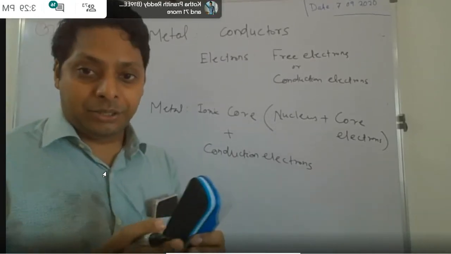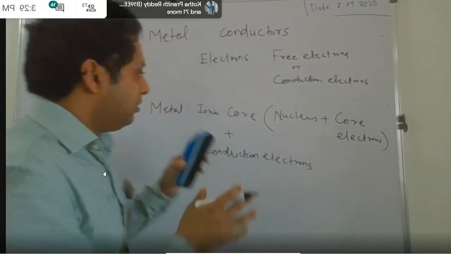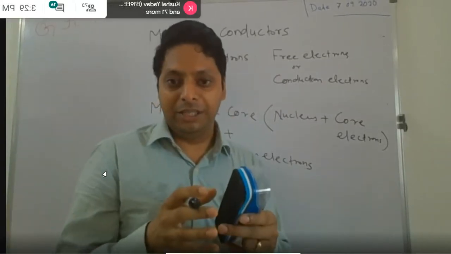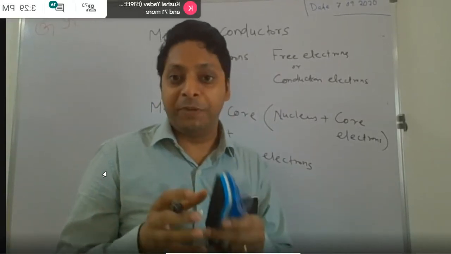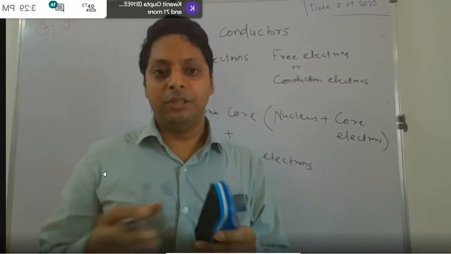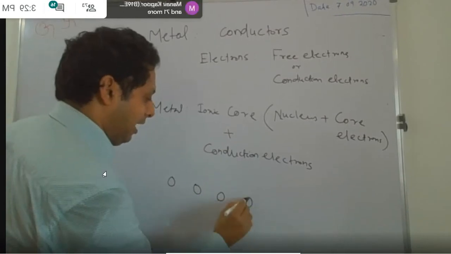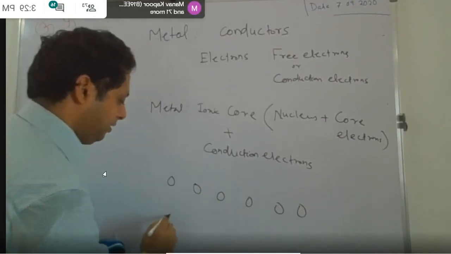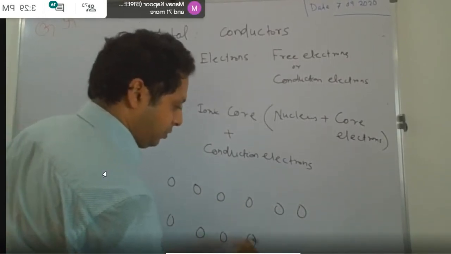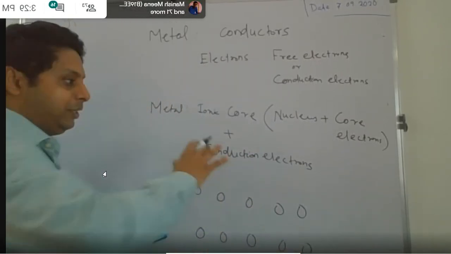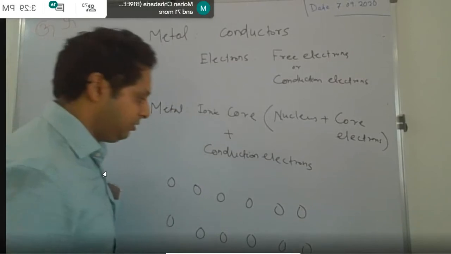When you look at the metal as a whole, it has these ionic cores which are attached to fixed regular points, arranged in 3 dimensions along x, y, and z.